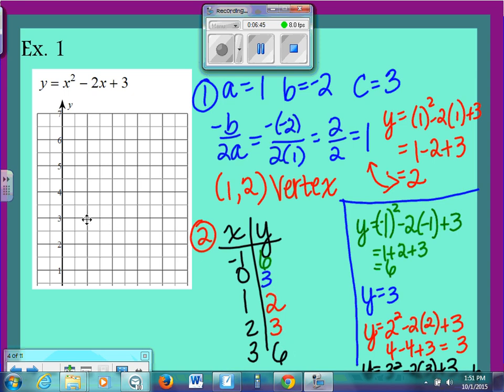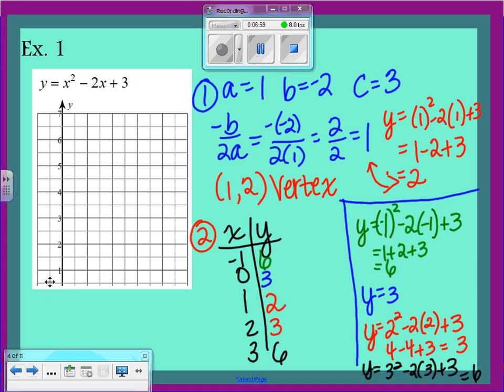So when I go over here to plot my points, all right, oh man, this is kind of a rough graph. Let's see, if this is 0, that would have to be negative 1. Oh, let me get my pen first. All right, so we've got negative 1 and then up to 6.